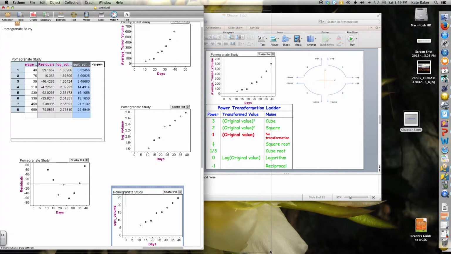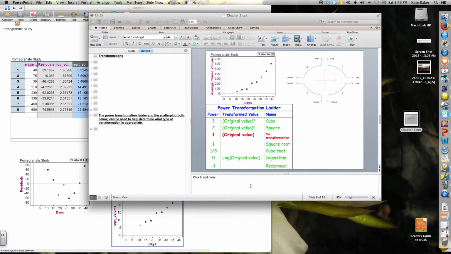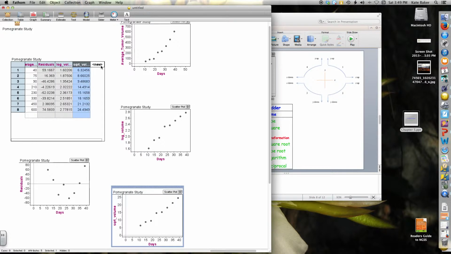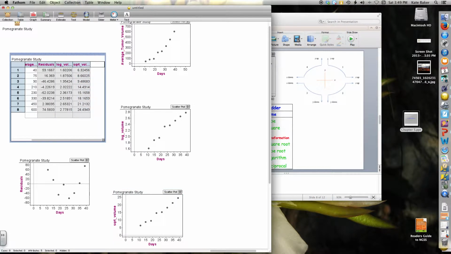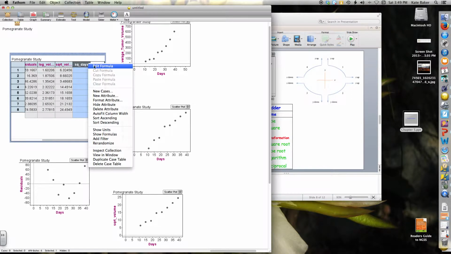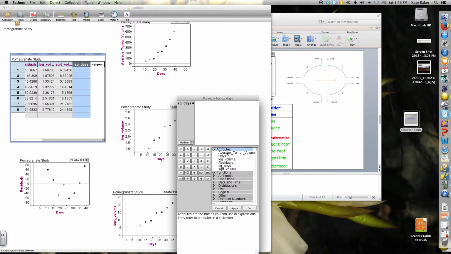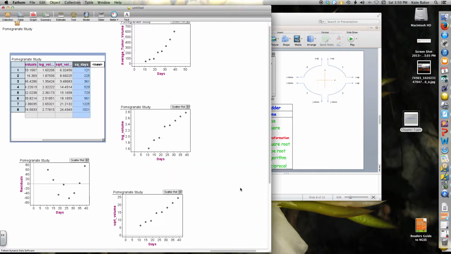I could take the original one and go up that ladder, so square the days. And that would be days. And we'll square it. Say okay.